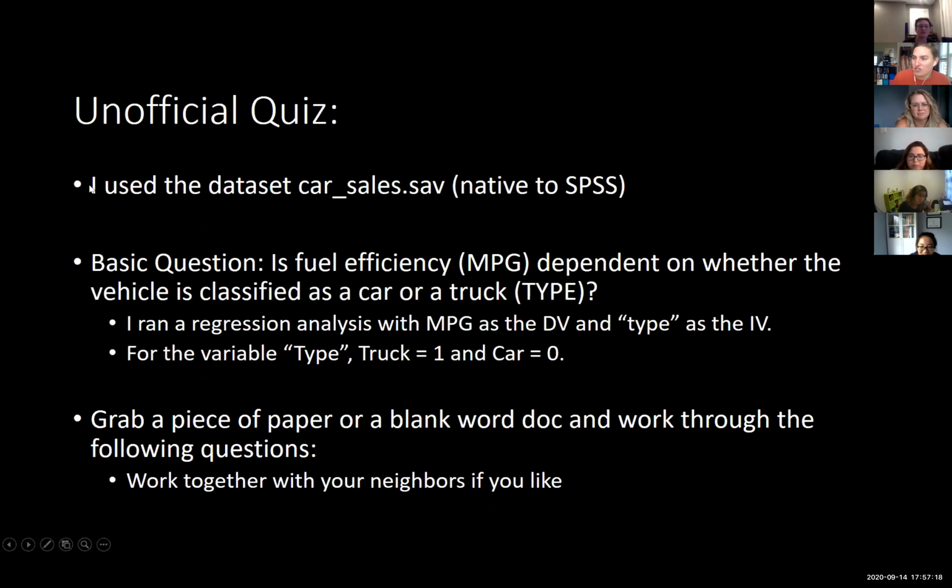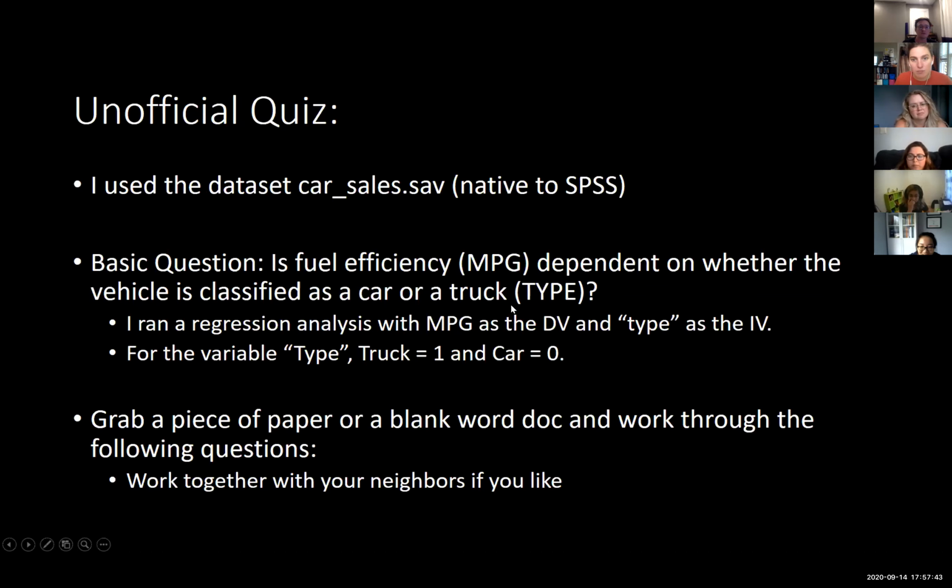Here's the instructions. Inherent to SPSS is a data set called carsales.sav. It just comes with the stats package. The basic question I have is whether fuel efficiency, measured in miles per gallon, is dependent on whether the vehicle is classified as a car or a truck.